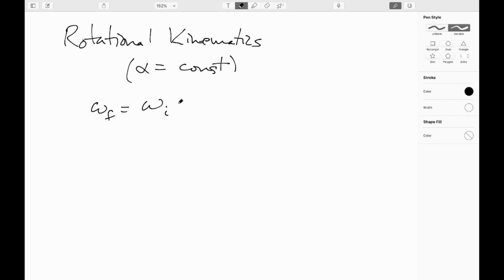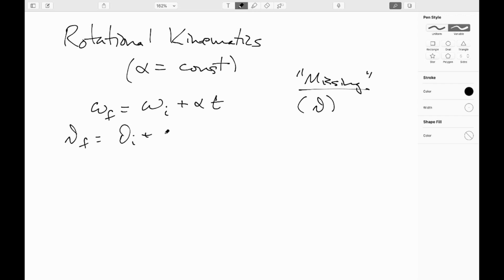We'll have that omega final equals omega initial plus alpha t. So here you're missing theta. And then we can have theta final equals theta initial plus omega initial t plus 1/2 alpha t squared. And we'd be missing omega final.